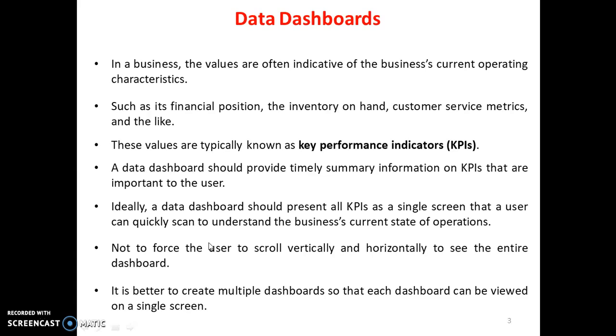If you do that, the users will be forced to scroll vertically or horizontally to see the entire dashboard. It's better that when you have multiple measures, you have multiple screens also. That way the user can easily see the measures and take necessary actions.